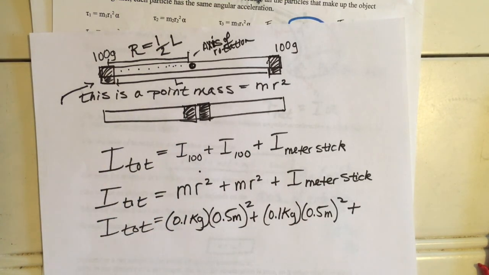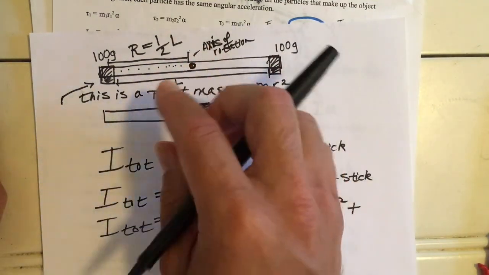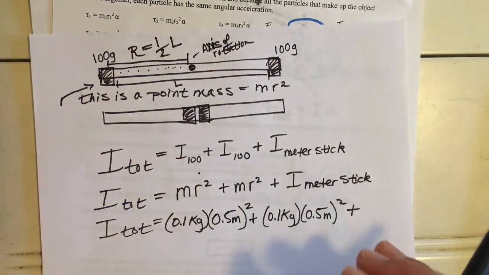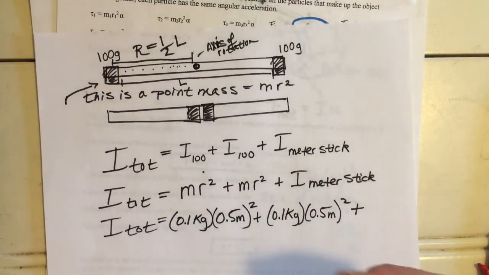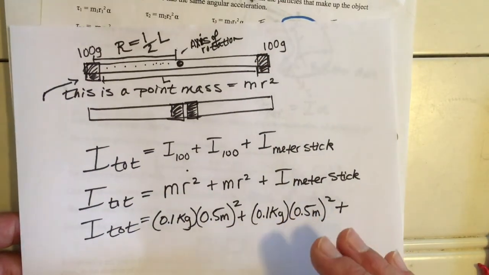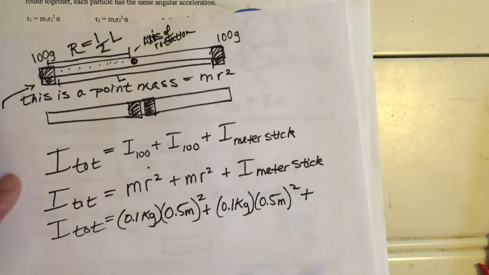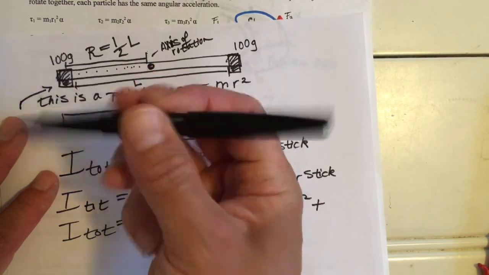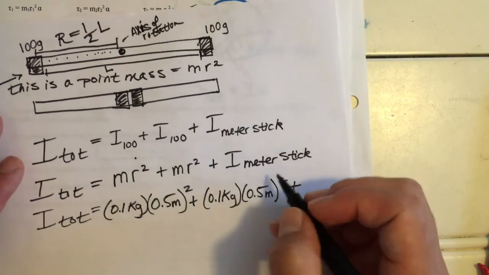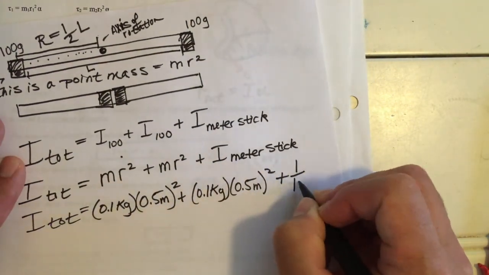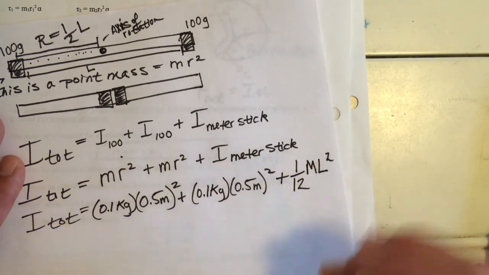Since most of us don't know calculus, we'll just look up the moment of inertia of a meter stick in a book. In our chapter, they tell us that if you rotate a symmetrical object about its center, in this shape, then its moment of inertia is 1/12 the mass of the object times the length of the object squared.